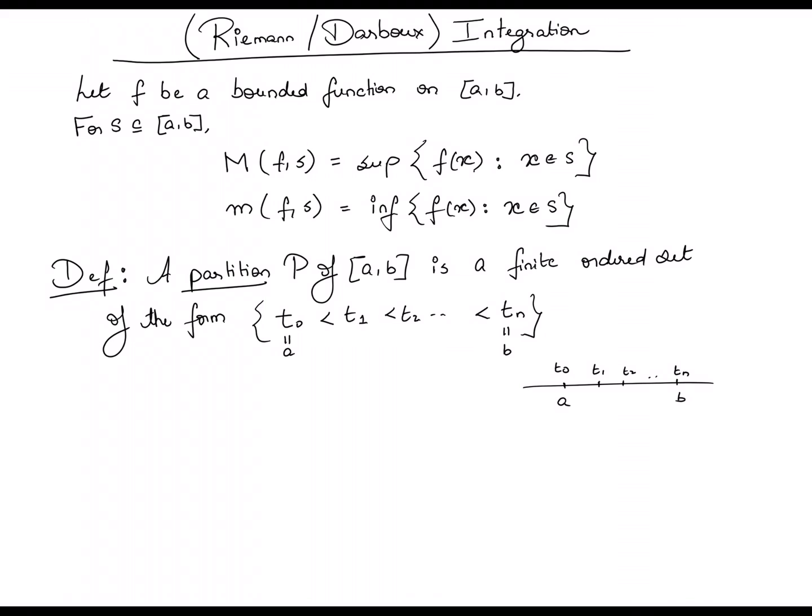So now, based on the definition of capital M, small m, and a partition, we can define what are called the upper and lower Darboux sums. U(f,P) is called the upper Darboux sum.